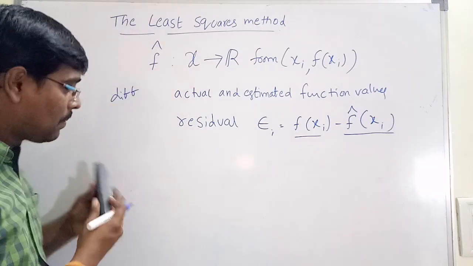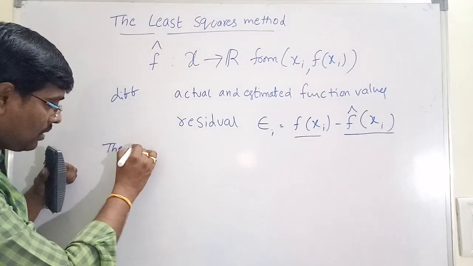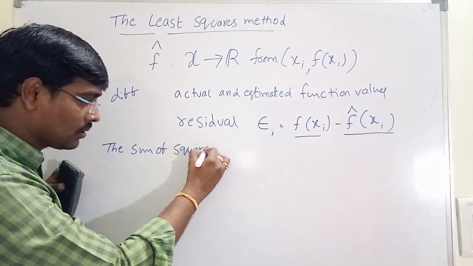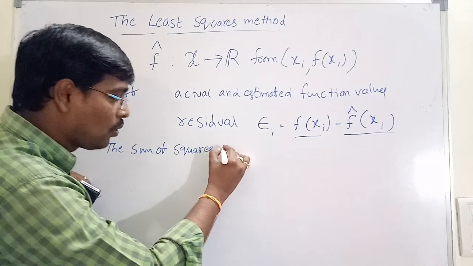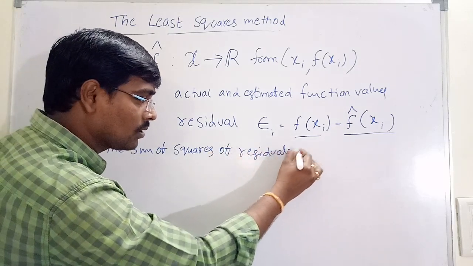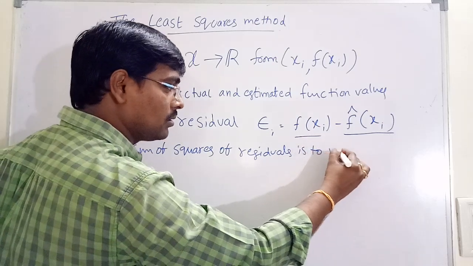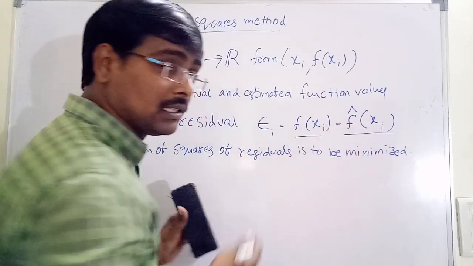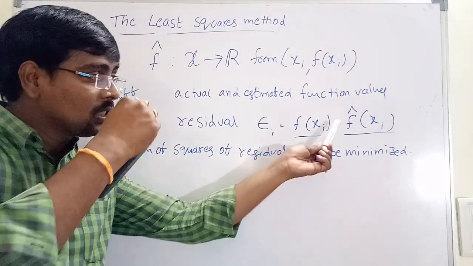Now the sum of squares of residuals is to be minimized. You know the concept, that is the difference must be low.